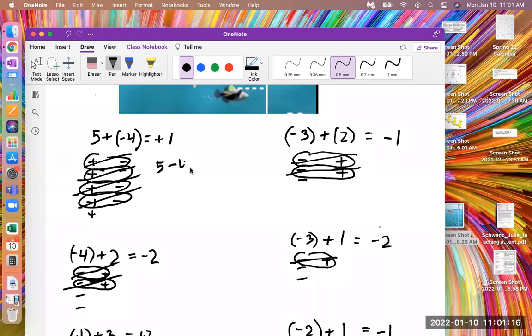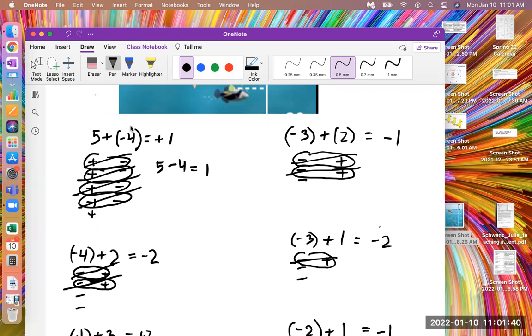And then I get an answer, and then I keep the sign of the larger number. So take the larger number, subtract the smaller number, and keep the sign of the larger number. I did 4 minus 5. Remember, I'm not thinking -4 here. I'm just looking at the absolute value, so I'm just ignoring the negative and positive.